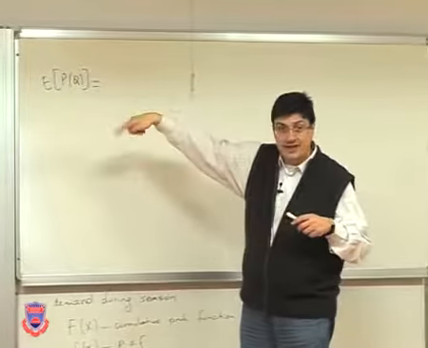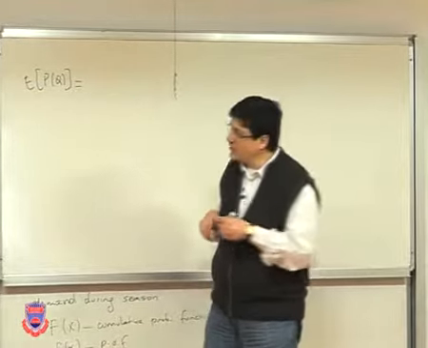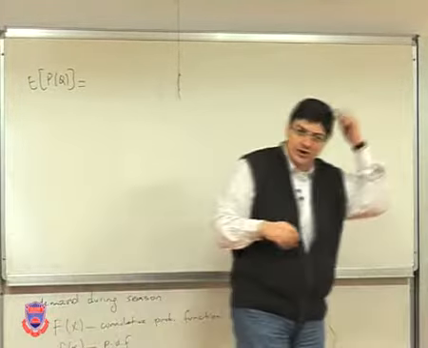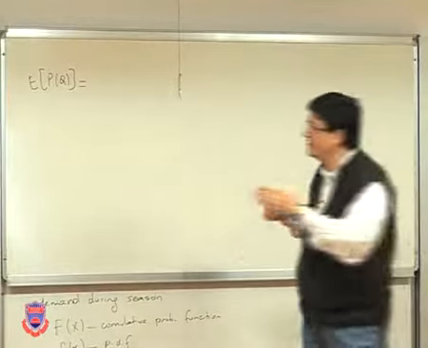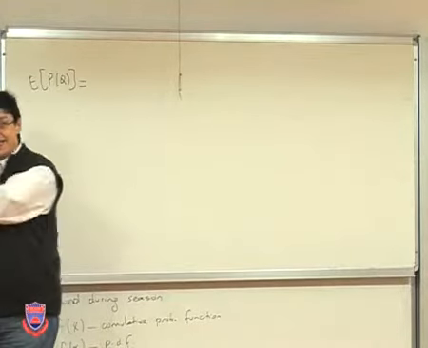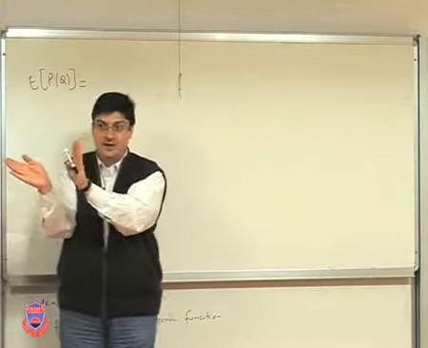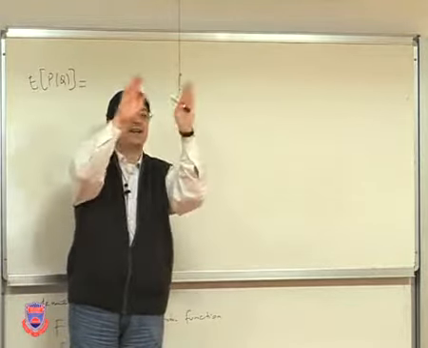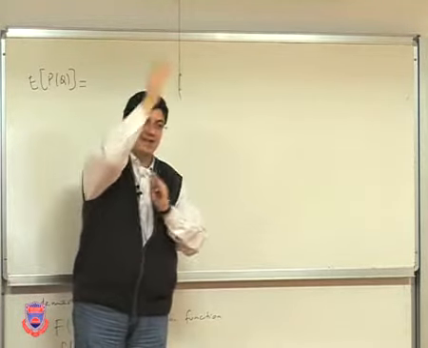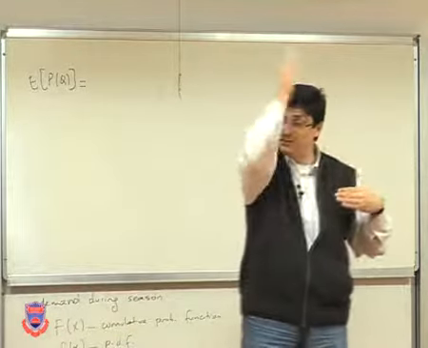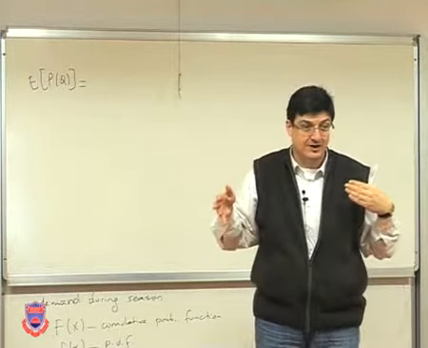You take the expectation of this function. So what do we mean by taking expectation? If you recall the definition of expectation, you have the density function. Okay? And in front of it, you have the profit function. And you integrate that over all possible regions of the density function.